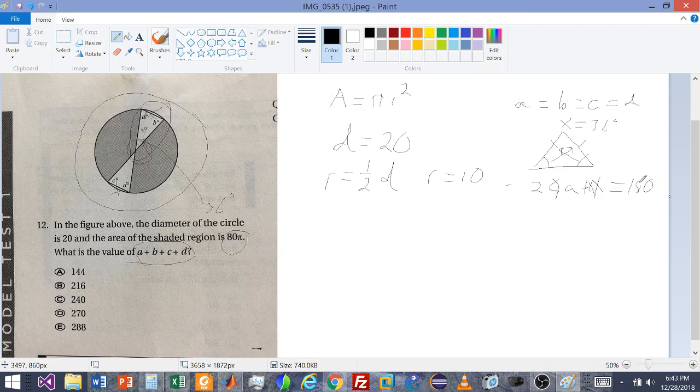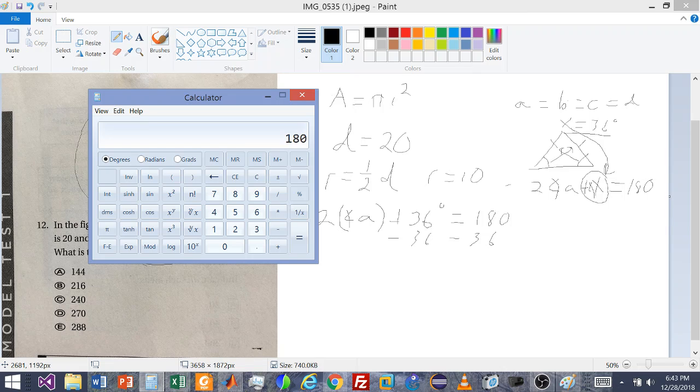Well, now we know what the missing angle X is, so we can just substitute that. 2 times the angle A plus 36 degrees, because we solved for that a second ago, equals 180. So now it's just solving. Minus 36 degrees from both sides, so 180 minus 36 is 144.